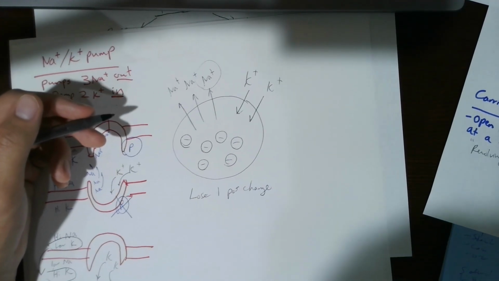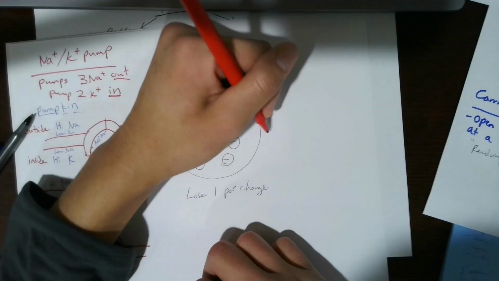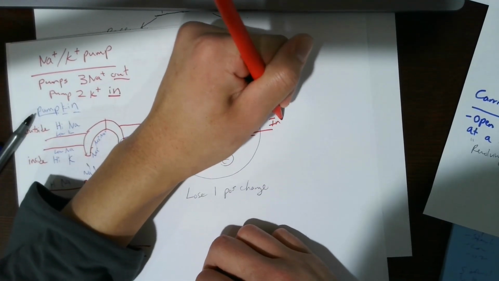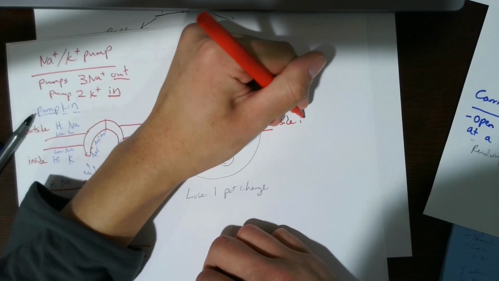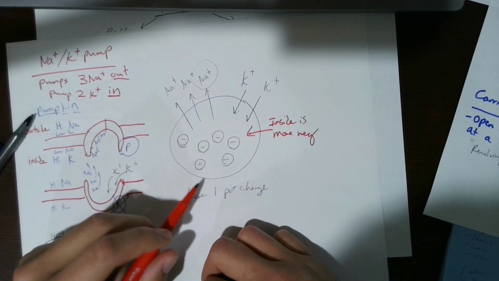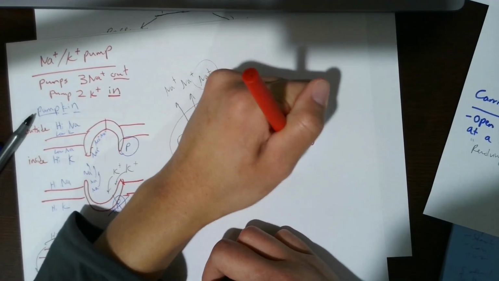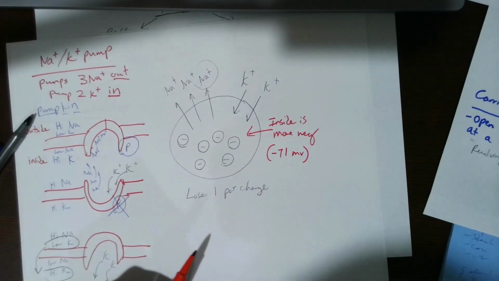So that means that electrically, the cell is negative. So the inside is more negative. And when we measure it using electrical units, we get that the inside of the cell is negative 71 millivolts.